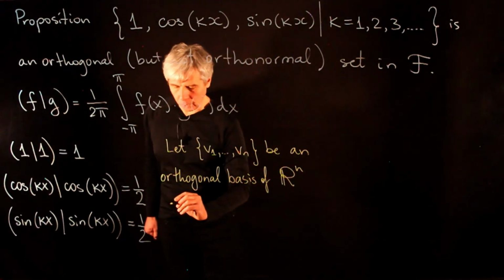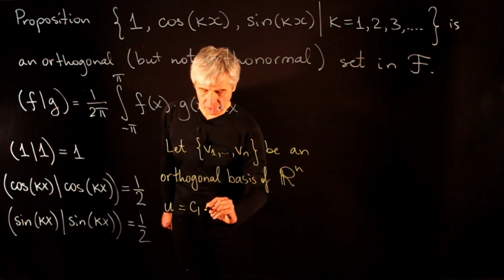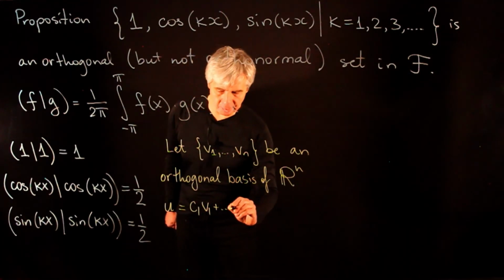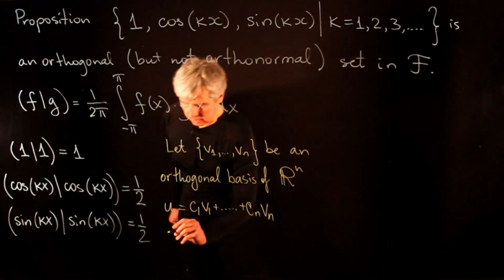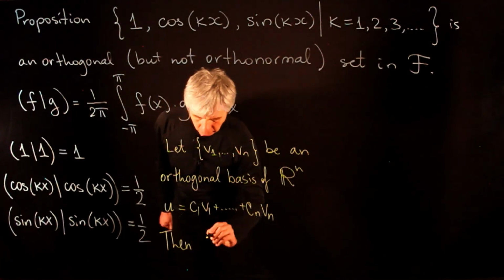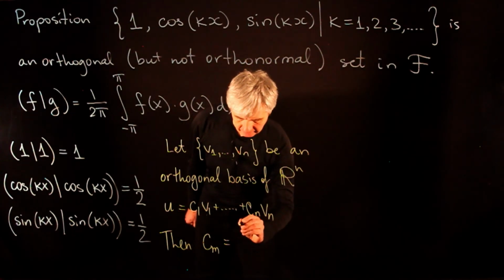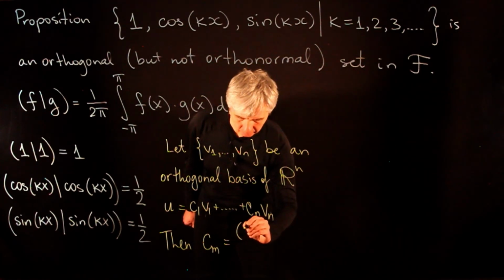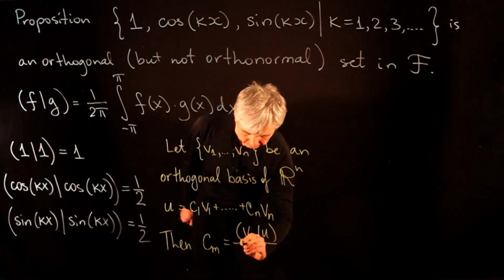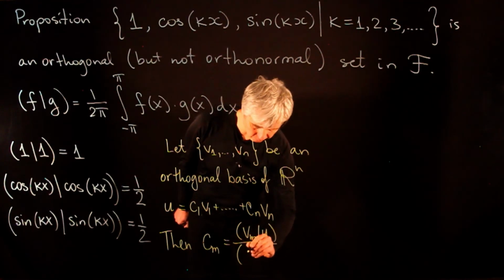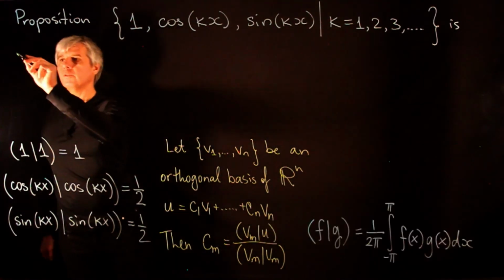And we want to find an expansion of a vector u as a linear combination of these basis vectors. Then each coefficient, cm, is found as the scalar product of vm with u divided by the value of the bilinear form of vm with vm.